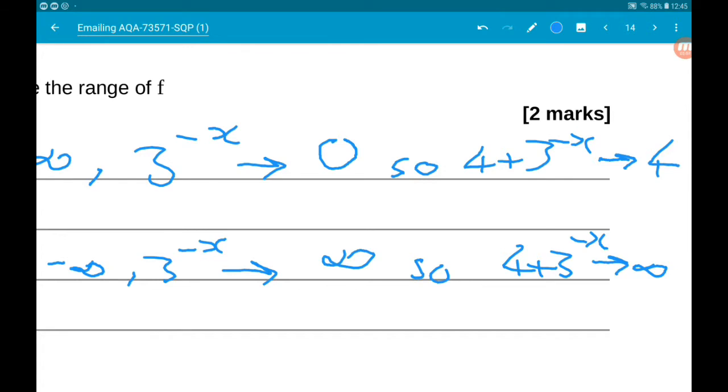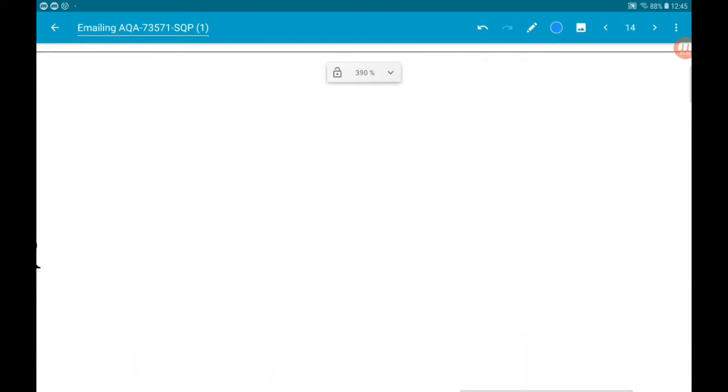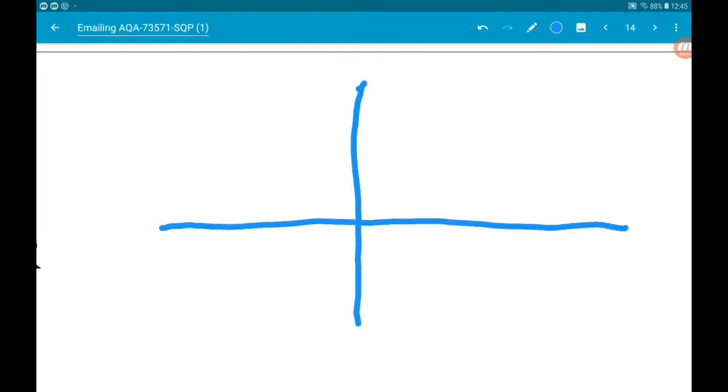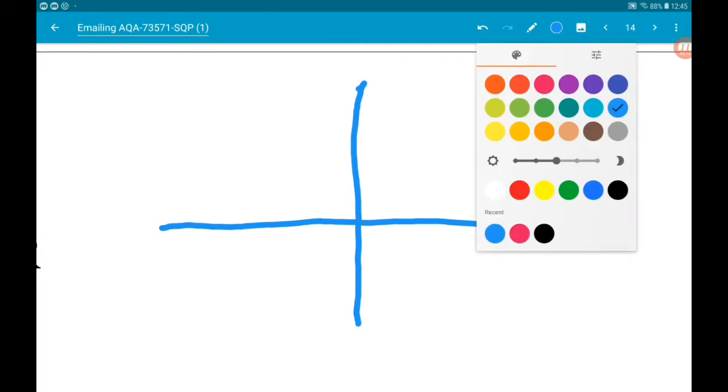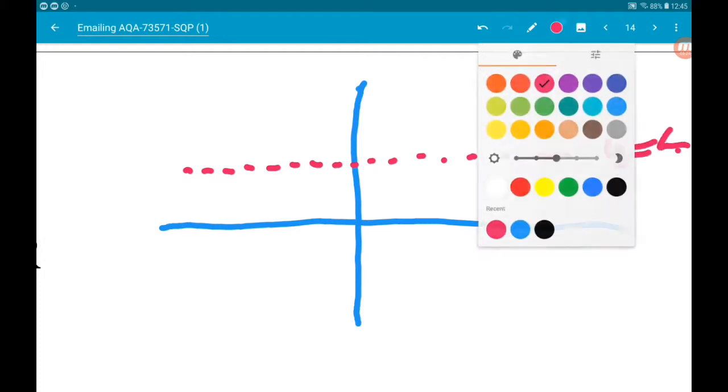So we know then, if we were to sketch the function, there's going to be an asymptote at y equals 4, or f of x equals 4.